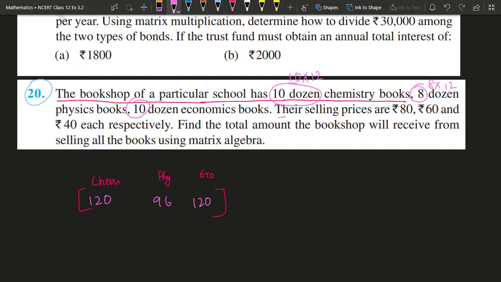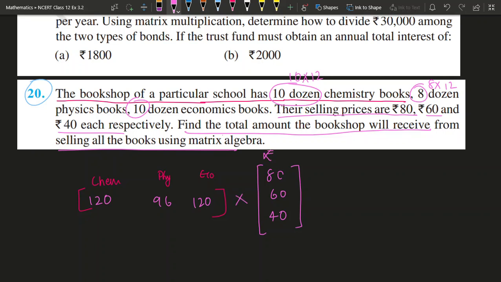And then the selling prices are rupees 80, 60, and 40 each. So the selling prices are 80 for the chemistry book, 60 for the physics book, and 40 for the economics book. So if you want to figure out the total amount the bookshop will receive from selling all the books, you are just multiplying these.